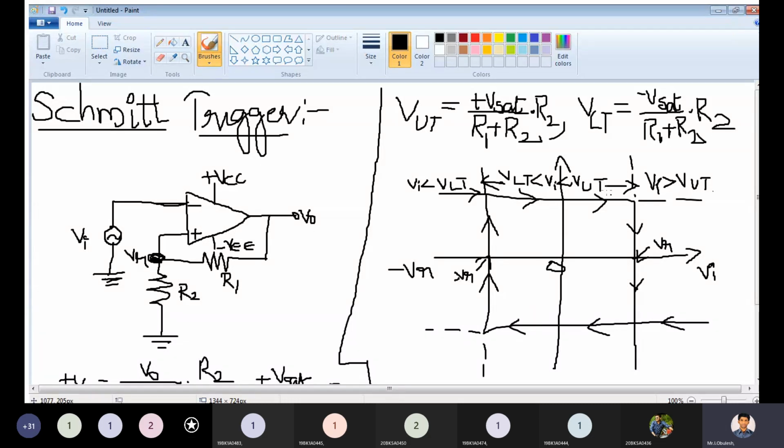This point indicates the positive V saturation. This is the minus V saturation.